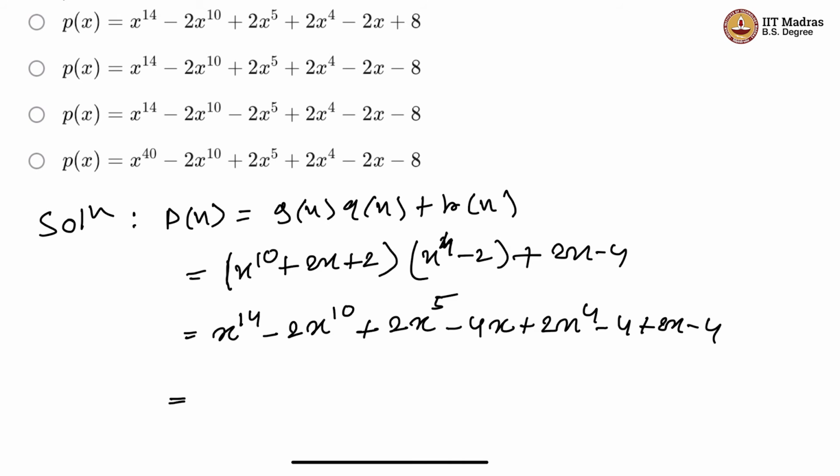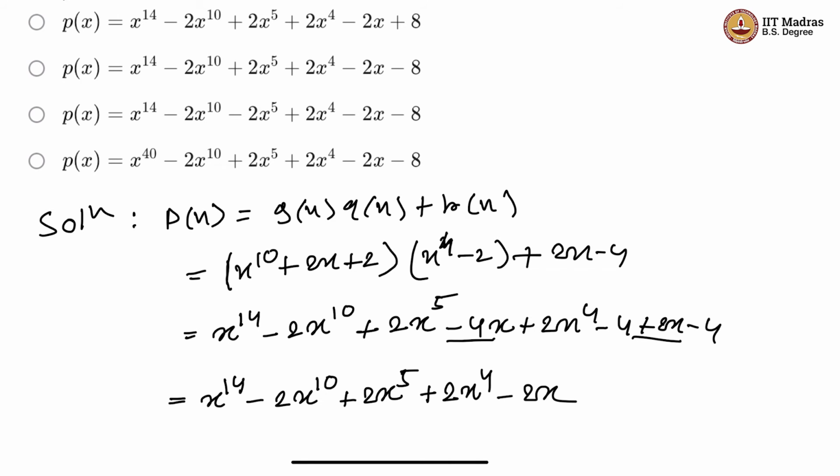Okay, we can simply rewrite it as x^14 minus 2x^10 plus 2x^5 plus 2x^4, minus 4x plus 2x will be equal to minus 2x, minus 8.